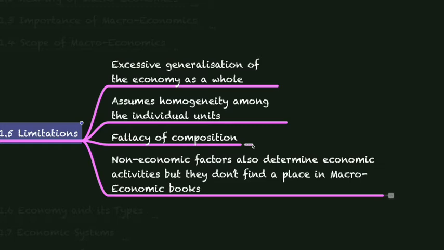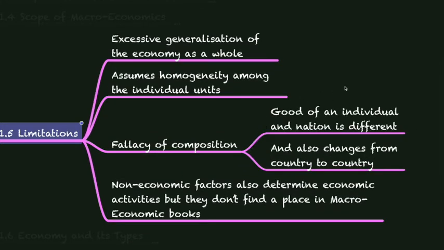And we also have fallacy of composition, which is what is good for an individual may not be good for a nation. Sometimes when we study macroeconomics, we don't study the individual goodness separately. We just consider, okay, what is good for India is also said to be good for all the people in India. But that is not the case. It's always different.